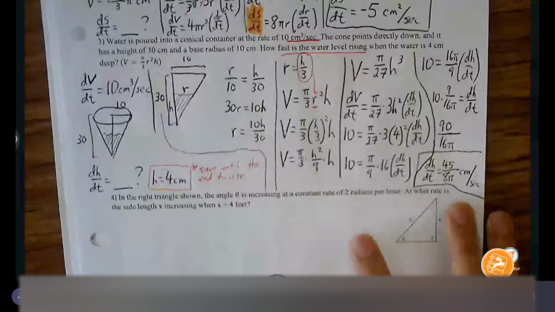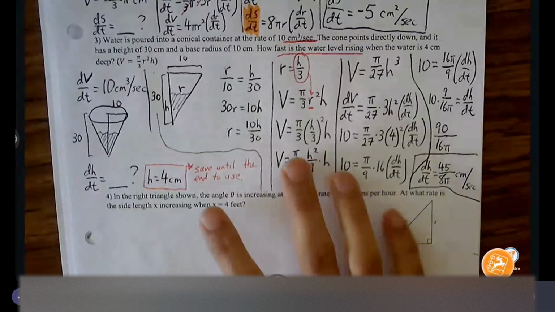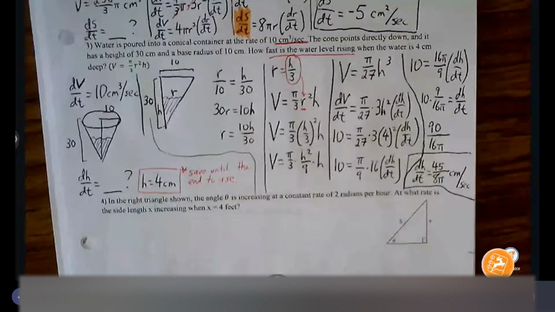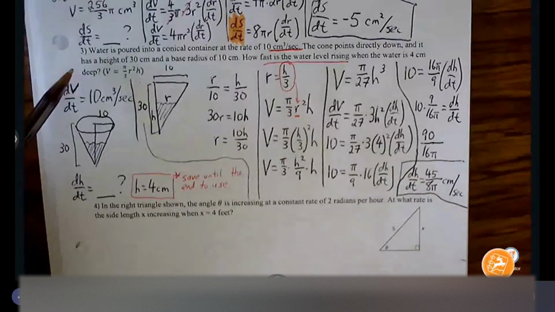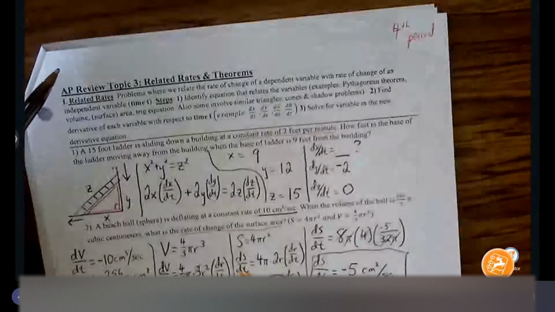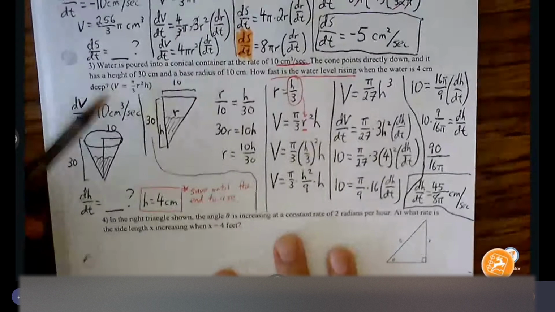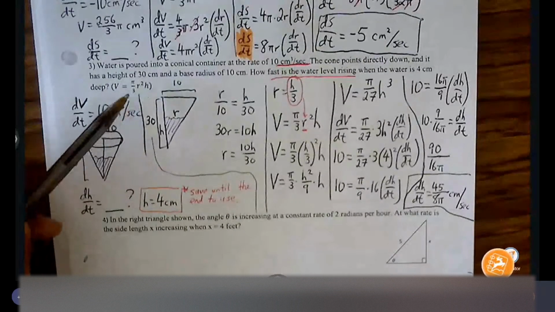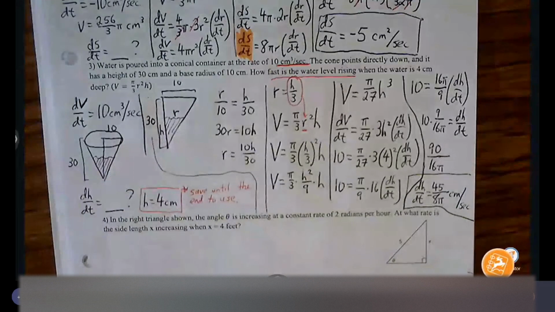But I do want to talk about number 3 and talk about something that looks similar to 3. But we go through a completely different process. So just as a recap, this is off of worksheet 3, related rates and theorems. We saw how 3 was a cone problem and realized that with cone problems, as height is changing, radius is also changing.